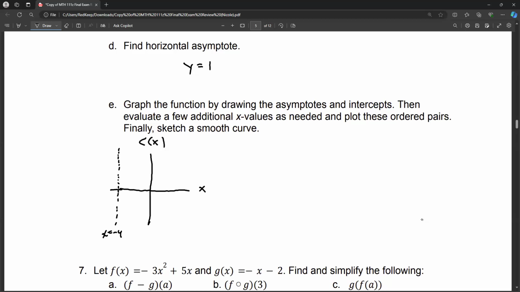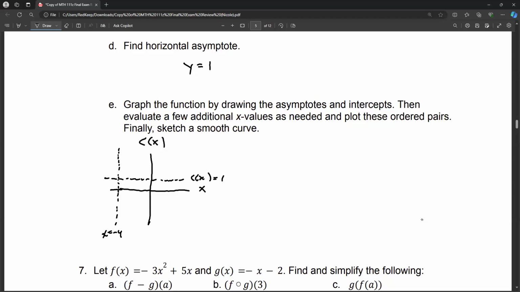The next one is the horizontal asymptote, which we found to be the ratio of the leading coefficients, y equaling 1, or c of x equaling 1, I should say. Let's put that one about here, roughly. This is where c of x is equal to 1.